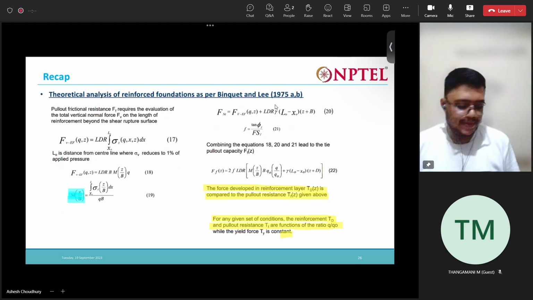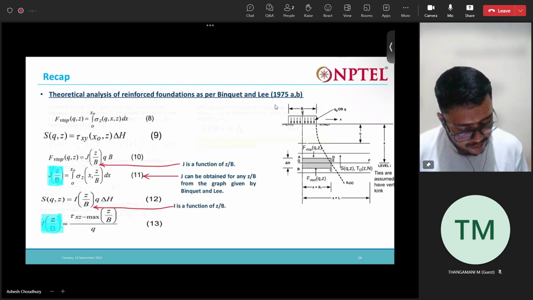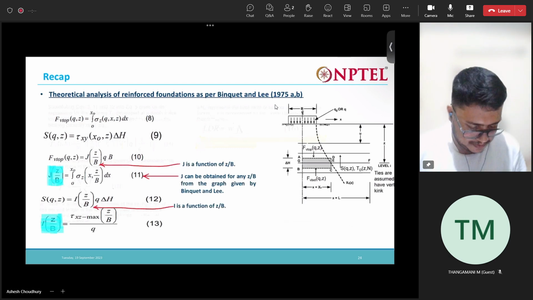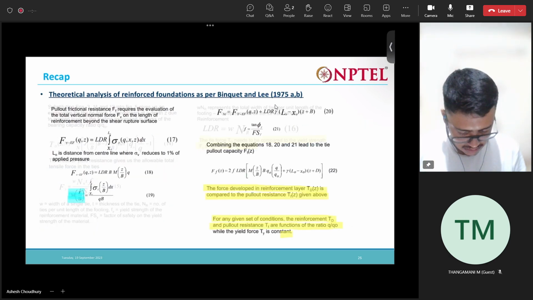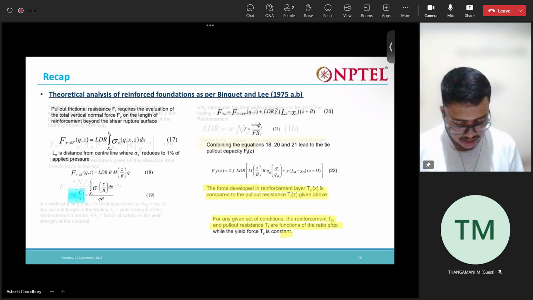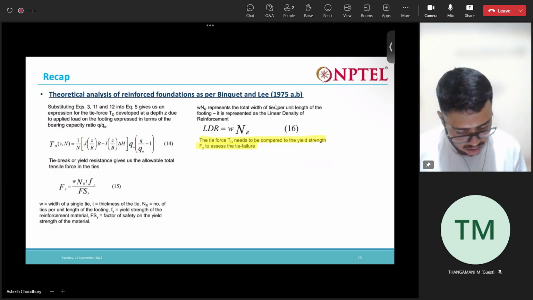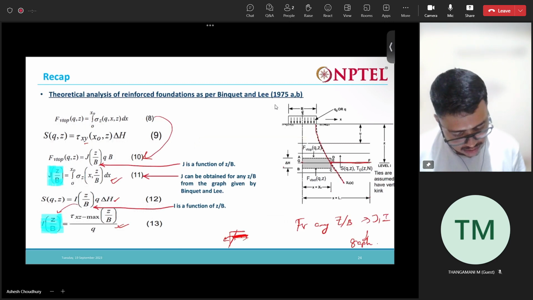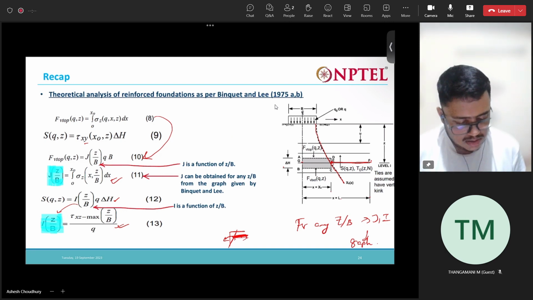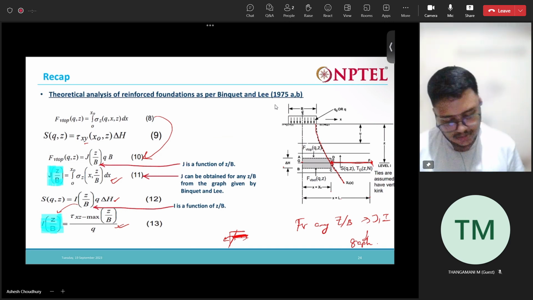The vertical pressure that is coming, integrated from X naught to L naught. Say up to here it is X naught, and here it should be L naught. From here to here we are integrating.